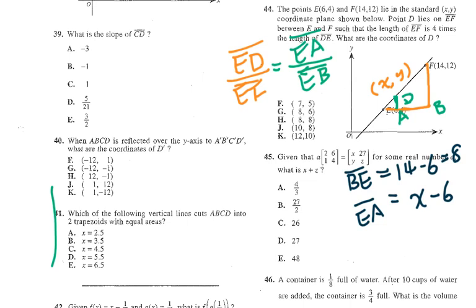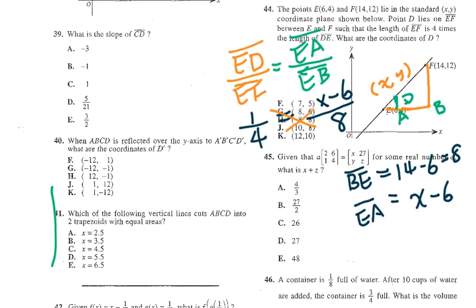Then I plug in. ED will be 1 over EF is 4. It's given. And then equals EA is x minus 6, then over 8.